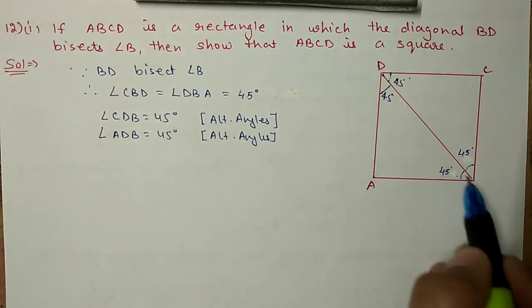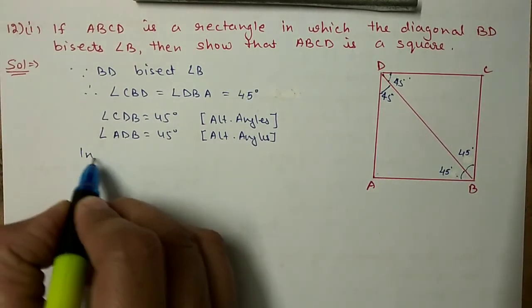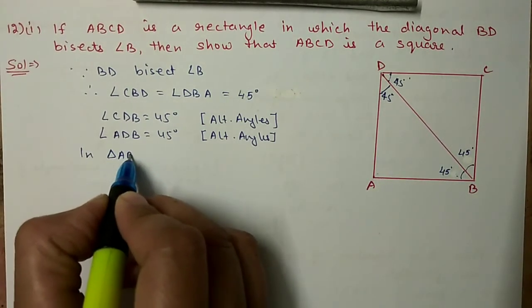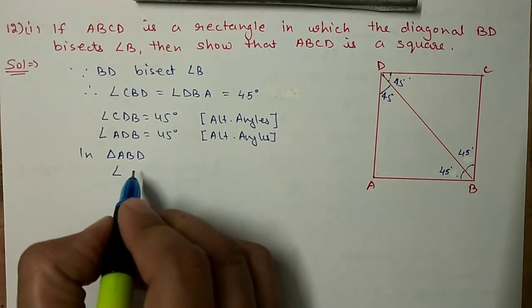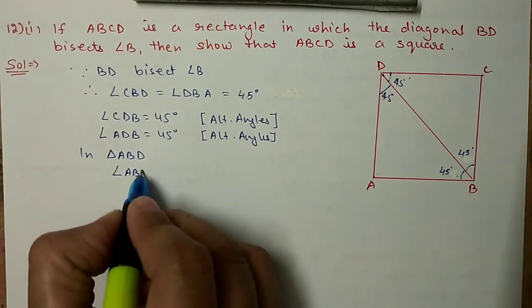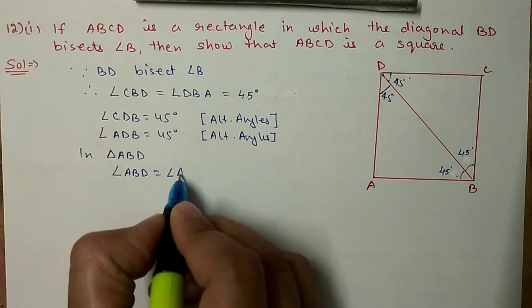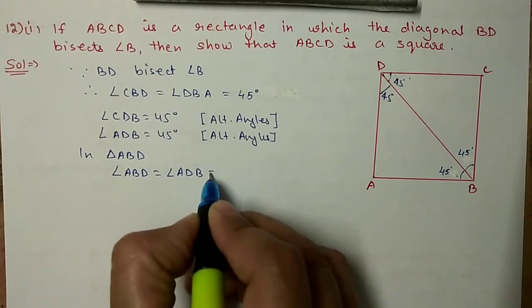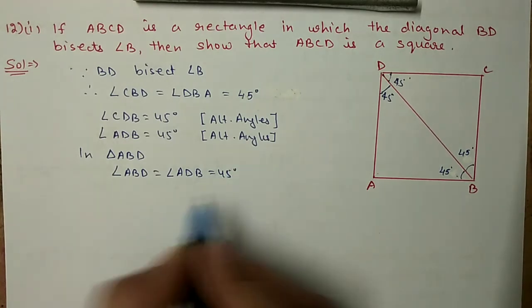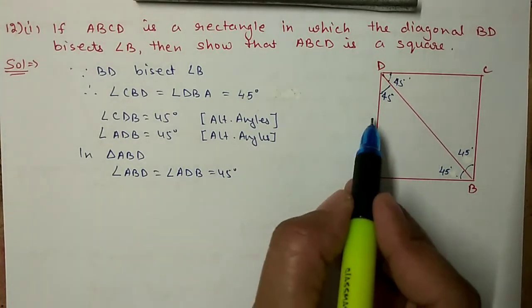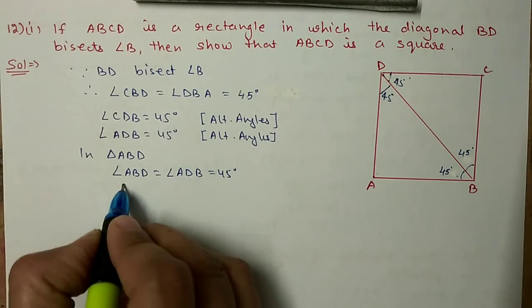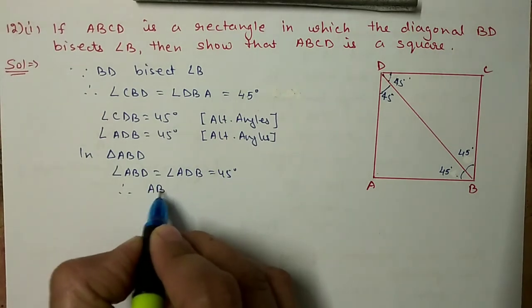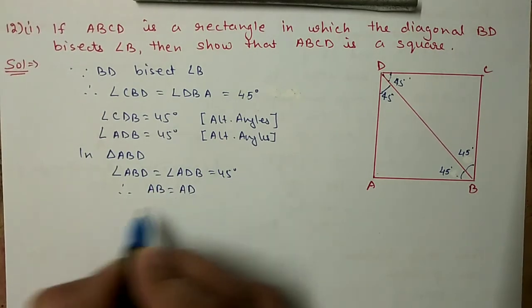Now, if you focus on triangle ABD, angle ABD is equal to angle ADB, both are 45 degrees. If these two angles are equal, it means these two sides are equal. Therefore, we can write AB is equal to AD.